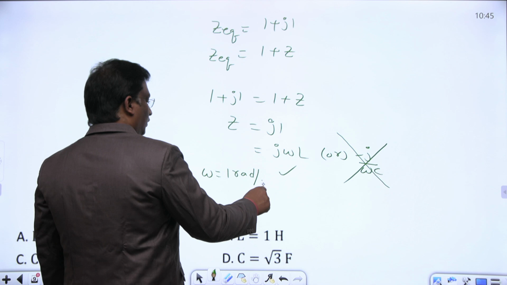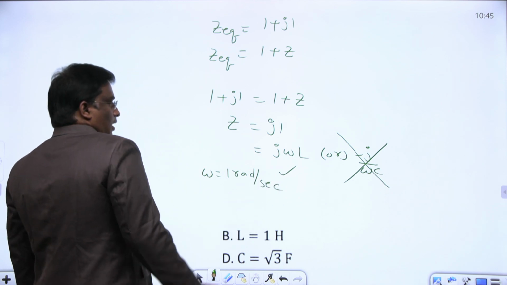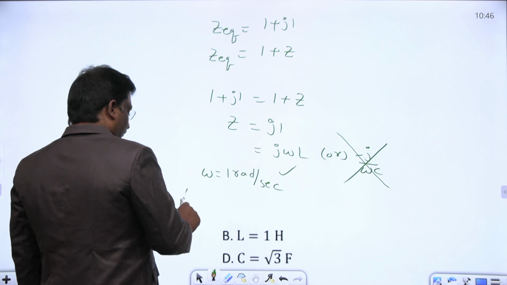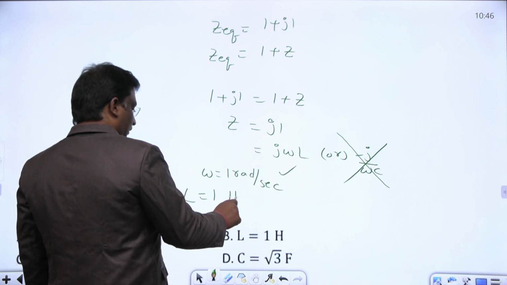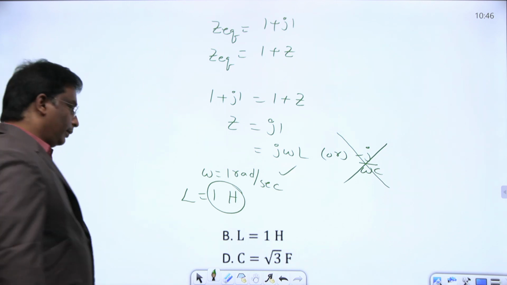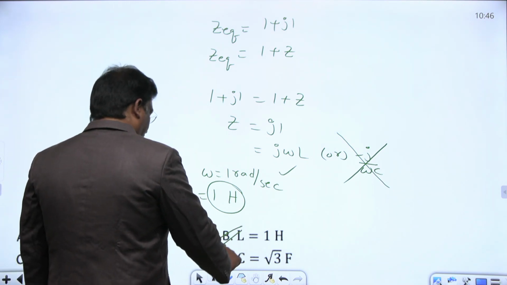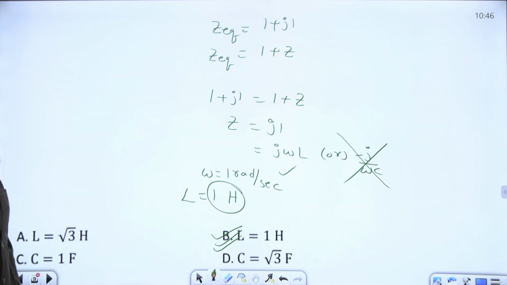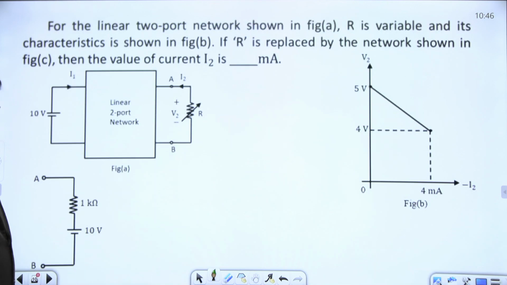Therefore, equating omega equal to 1, then L equals 1 Henry. That's the answer. For the given circuit, 1 radian per second and 1 Henry is the right answer. It's a multiple choice question only, MCQ.